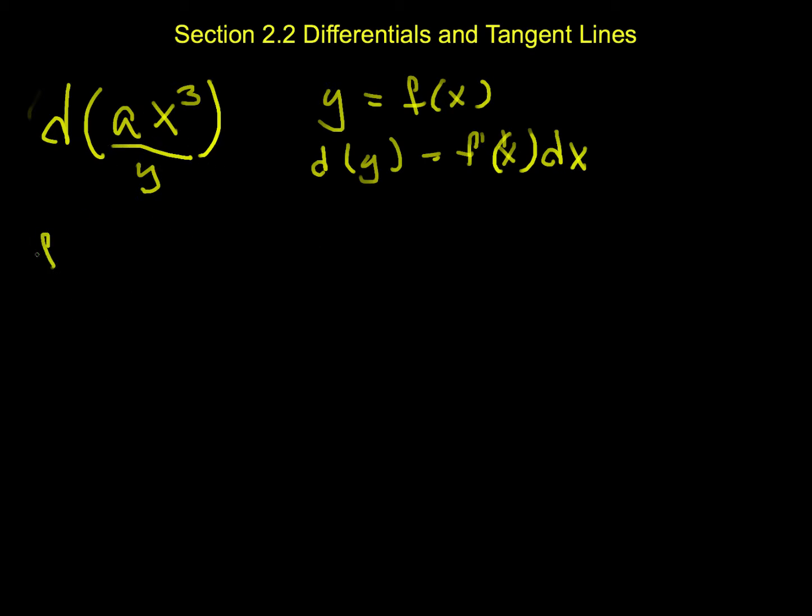Going to our definition, we know that f prime of x is the standard part of the change in y over the change in x, where change in x is an infinitesimal.